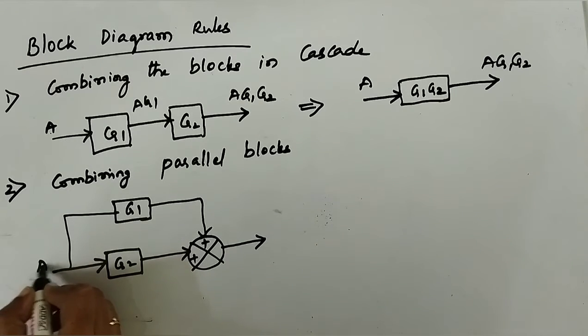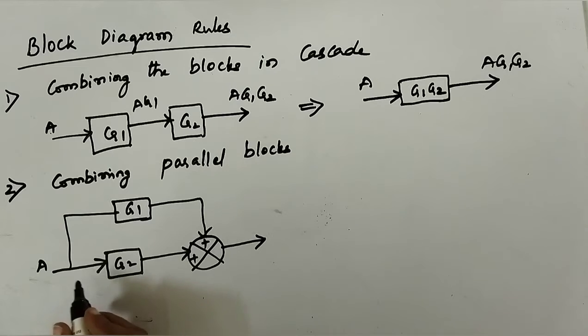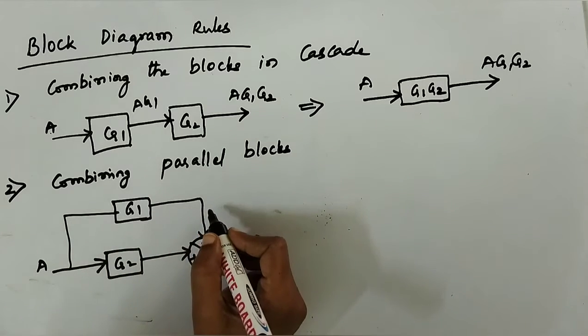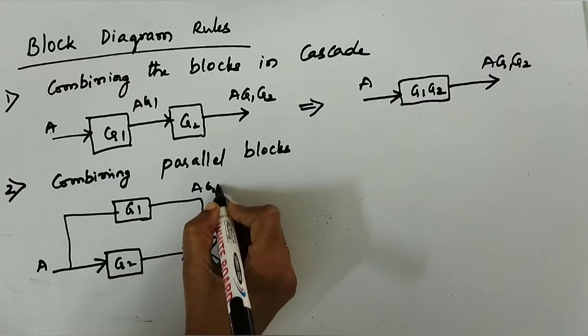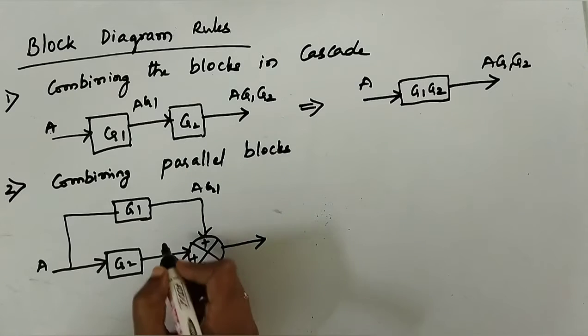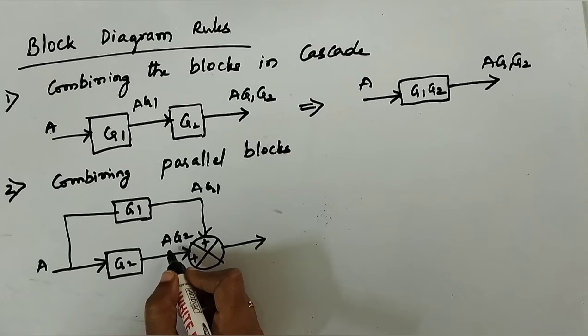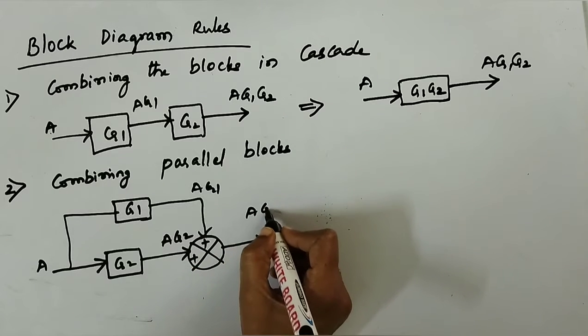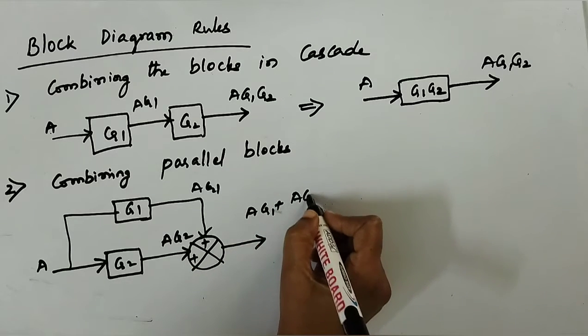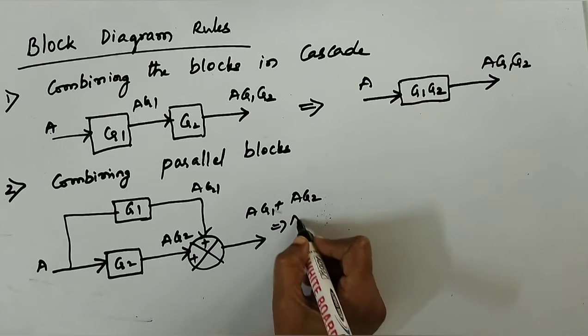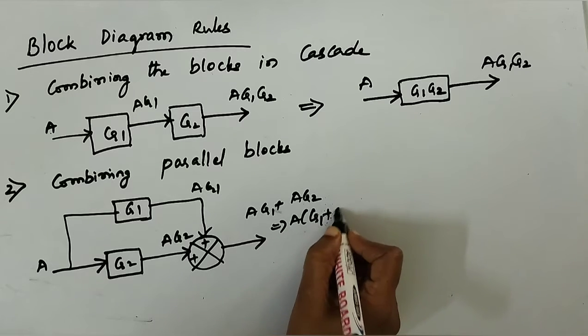If A is the input, A into G1 would give us A G1 here, A into G2 will give us A G2, and the sum is A G1 plus A G2. That is nothing but A into G1 plus G2.